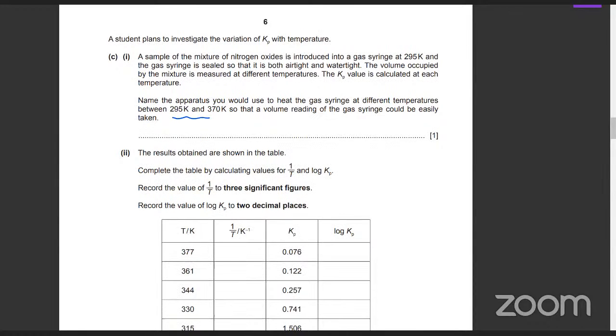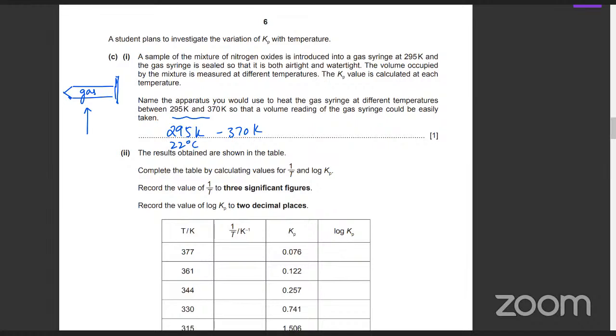So basically, he's got a syringe. Let's assume that that's your syringe, and it's got the gases, and you have to sort of heat it. So the temperature that you want to heat it is 295 to 370 kelvins. Like in centigrade, what is that temperature? 295, that's 22 degrees centigrade, right?